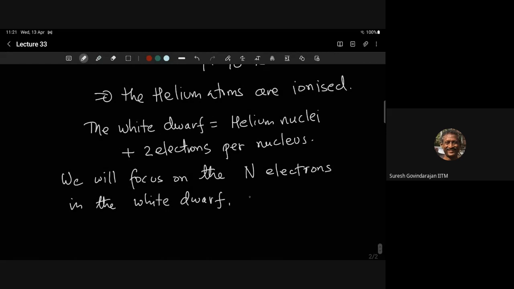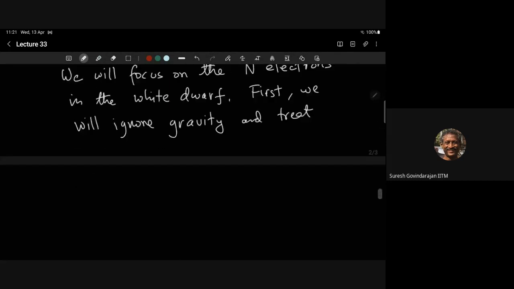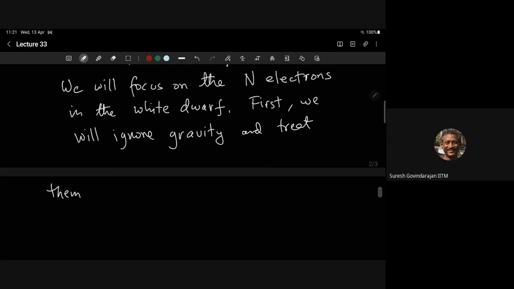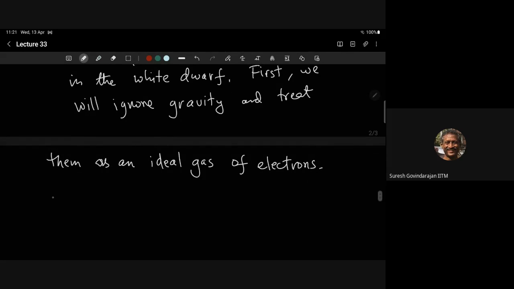So for starters, first, of course, we will ignore gravity and treat them as an ideal gas. But gravity should not be ignored, so I'll make a comment.